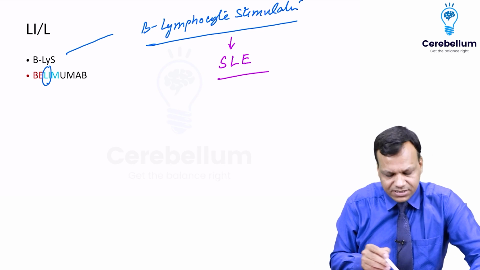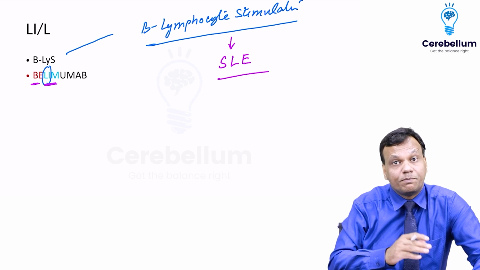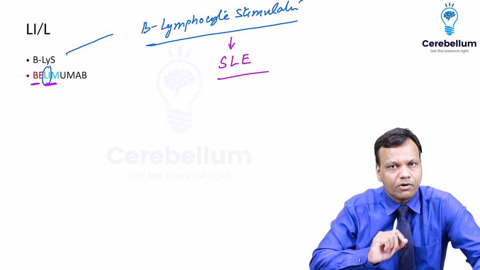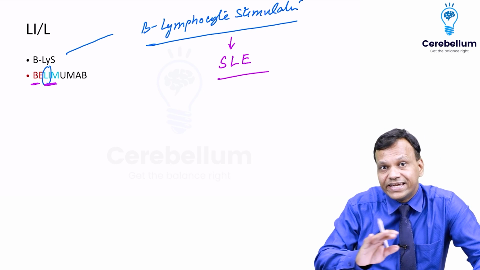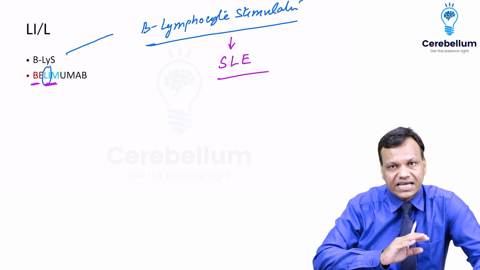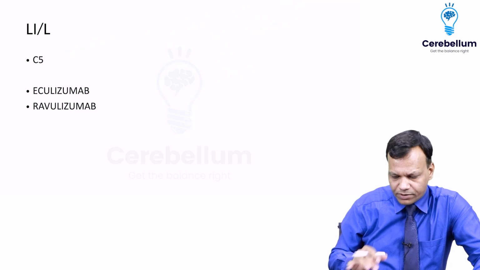So belimumab, BE for B, LIM is lymphocyte. So B lymphocyte stimulator, monoclonal antibody against that, used for SLE. So belimumab is containing Li, Li means SLE. So it is against SLE. Okay. Again, no need to remember.